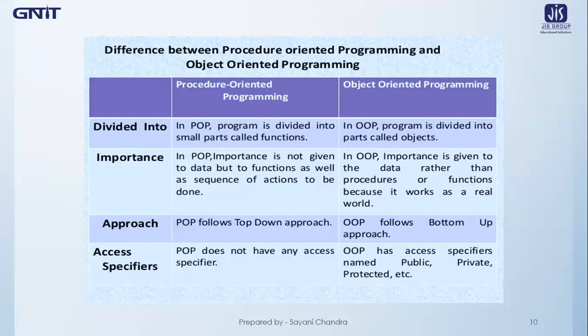In case of POP, overloading is not possible, but in object-oriented programming, overloading is possible by using function or method overloading and operator overloading. Some procedure-oriented programming languages are C, Visual Basic, Fortran, Pascal, etc. And some object-oriented programming languages are C++, Java, VB.NET, C#, .NET, Python, etc.